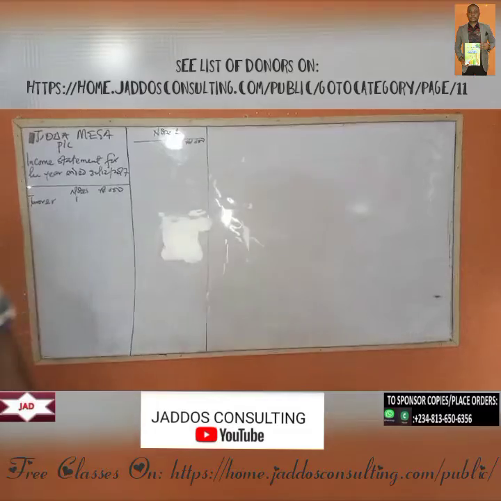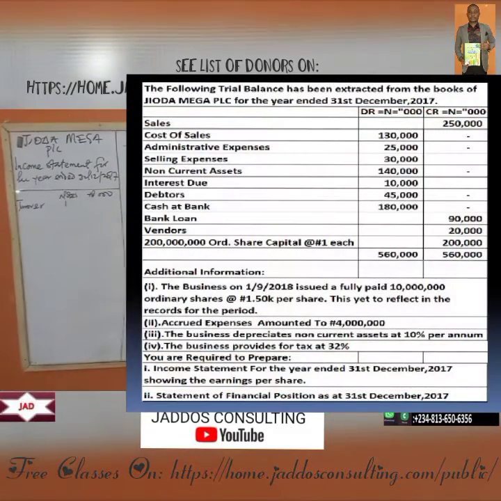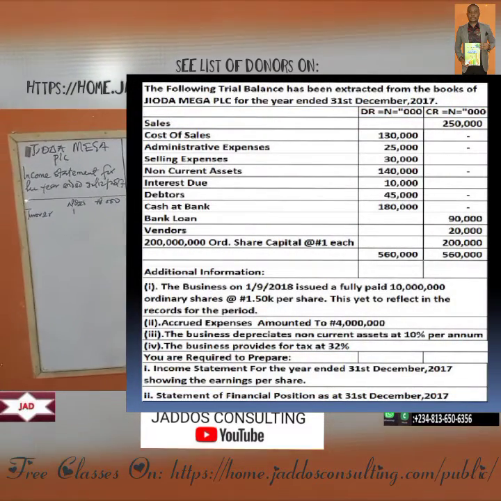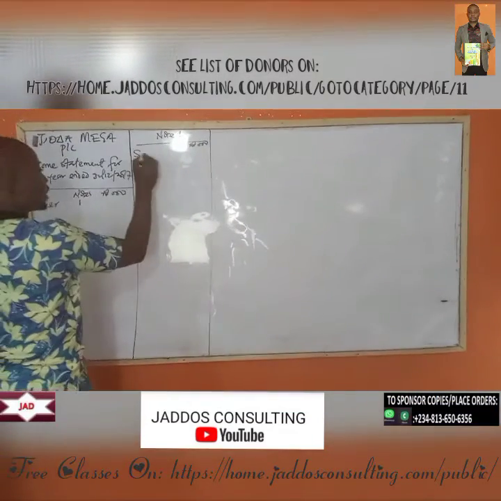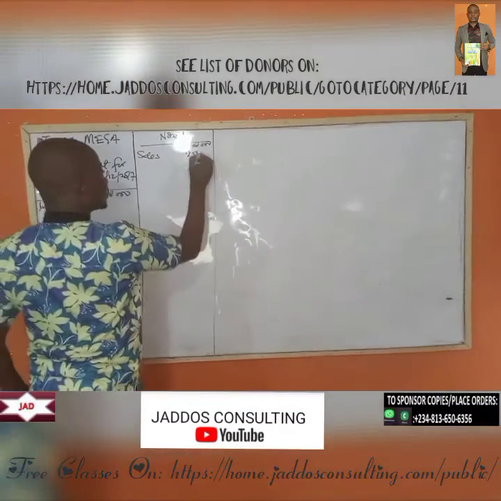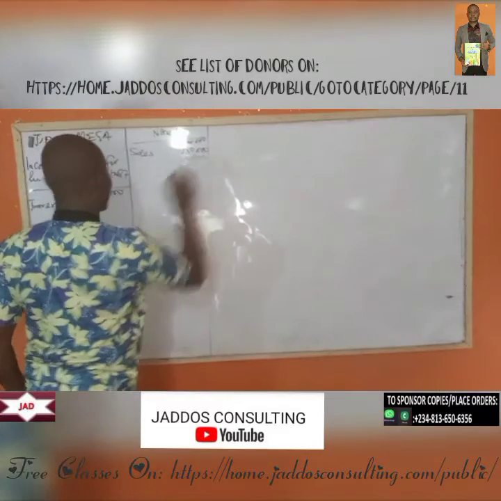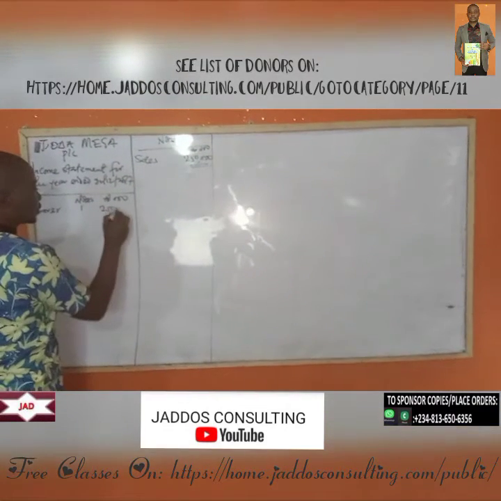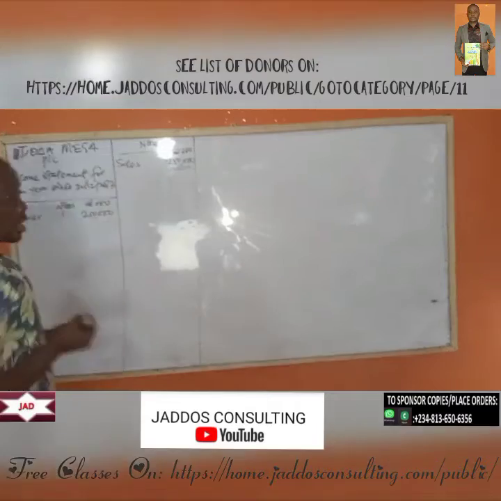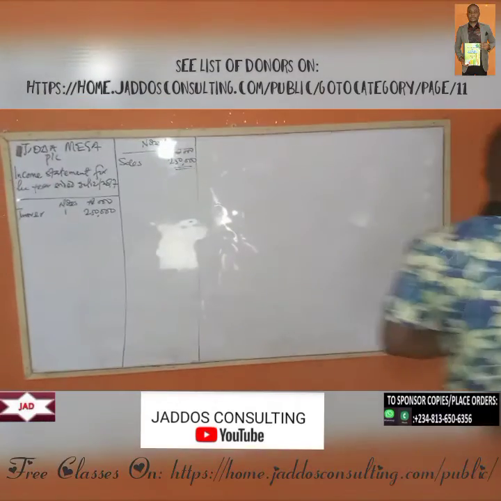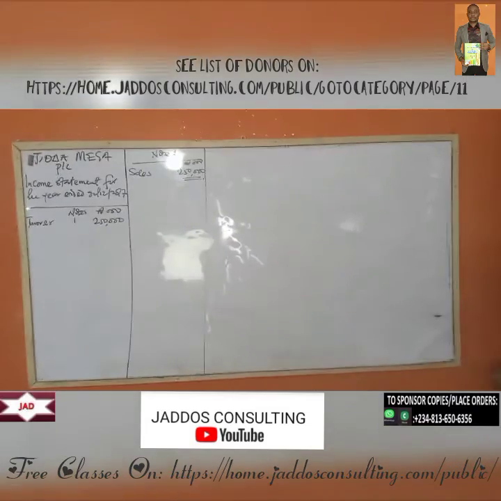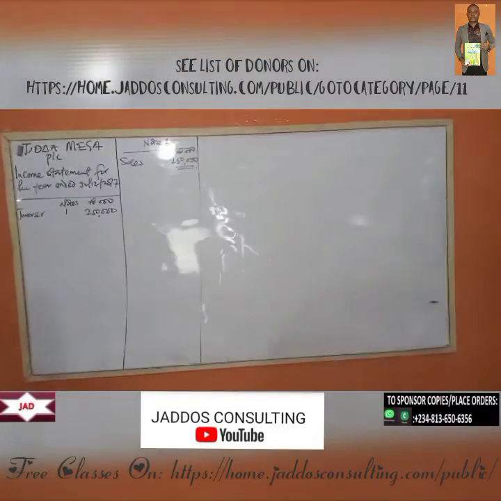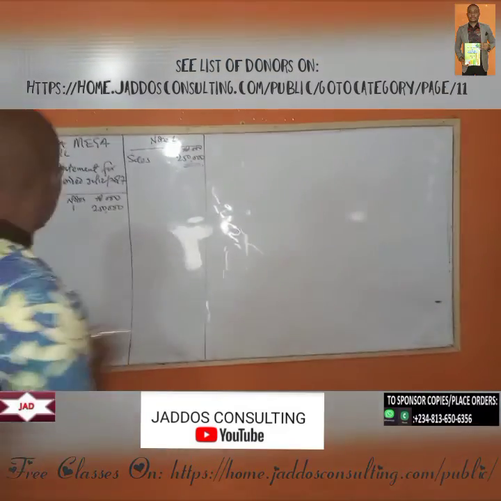What do I see there? I see that sales there is 250,000. So we have sales, this is 250. Okay, so the next one there is cost of sales.